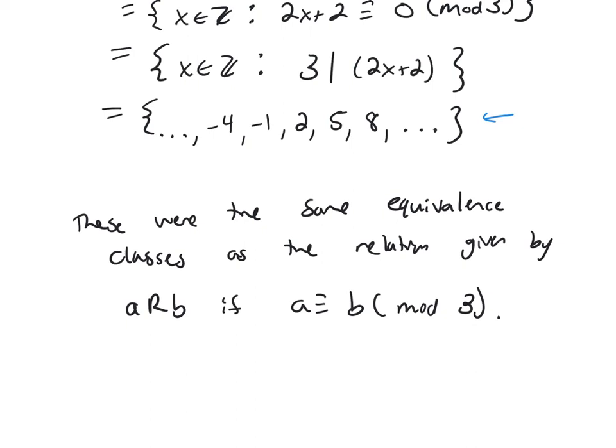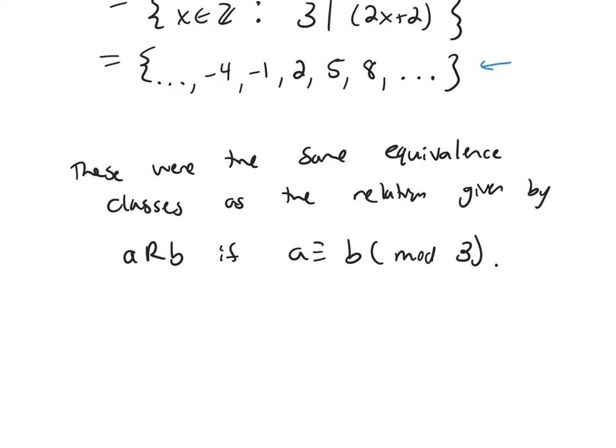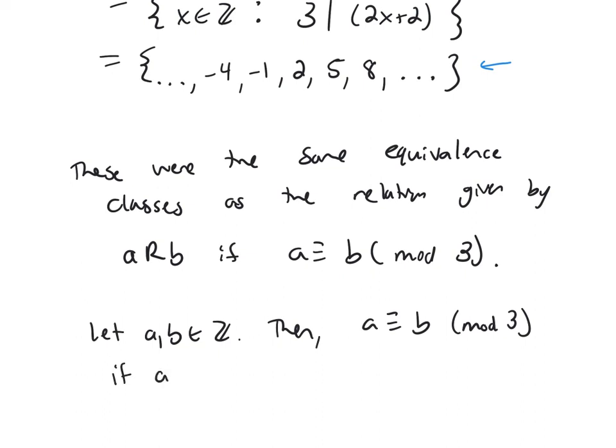So what you could prove is that if A is congruent to B mod 3, this is true if and only if 2A plus B is congruent to 0 mod 3.